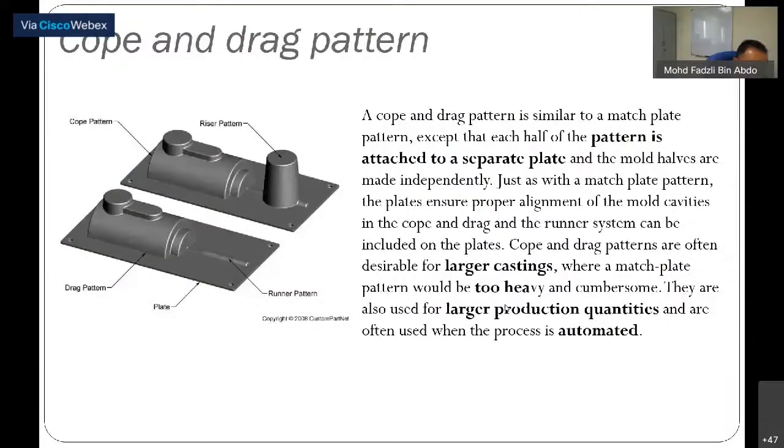Tadi adalah cope and drag dan juga match plate pattern punya video.